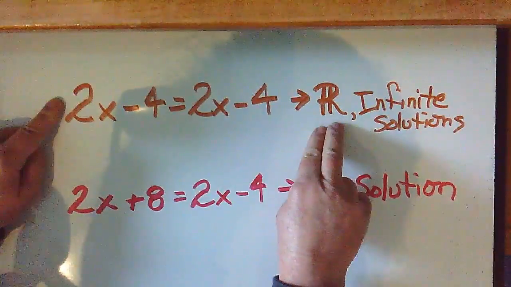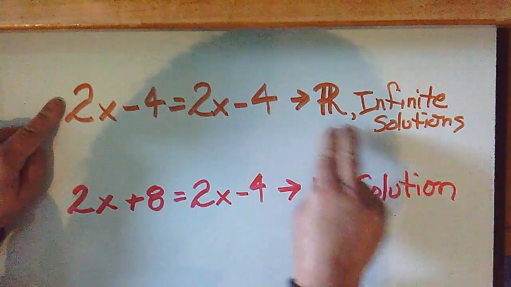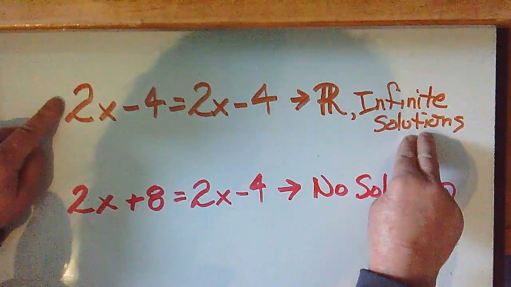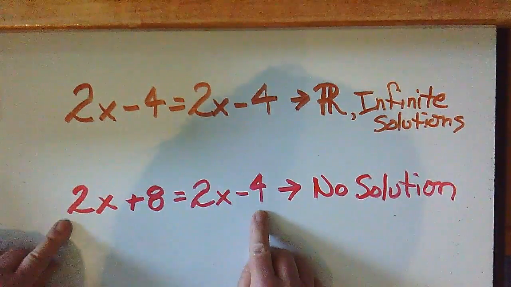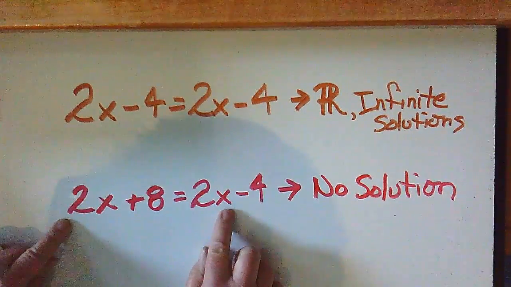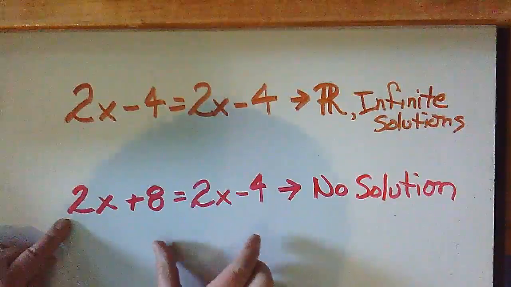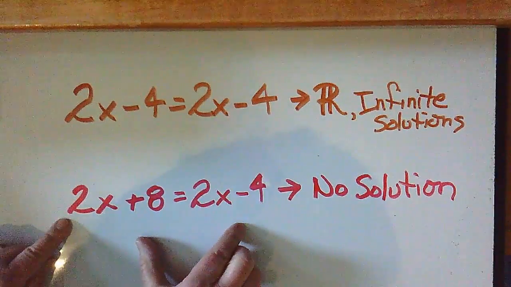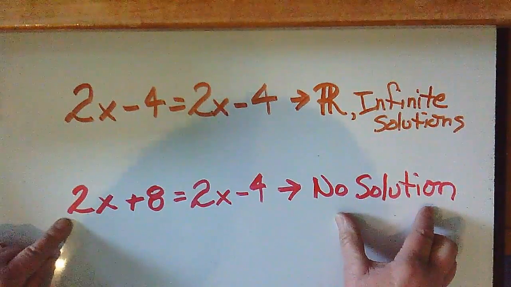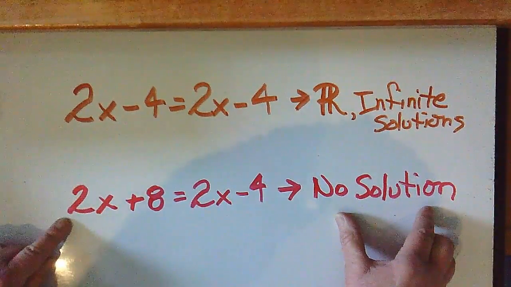That is called all real numbers, or infinitely many solutions, or infinite solutions. A mathematical situation where no matter what you plug in for x, you're never going to get a mathematically true statement. That is called no solution.